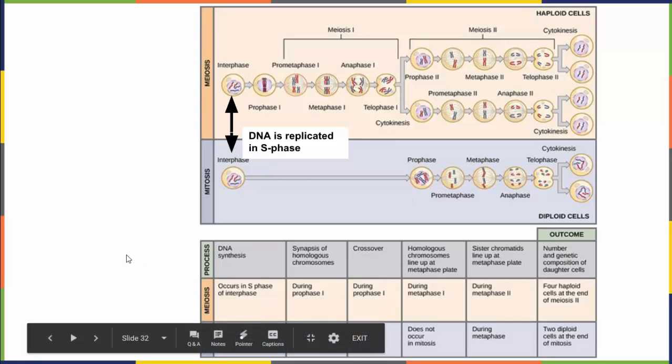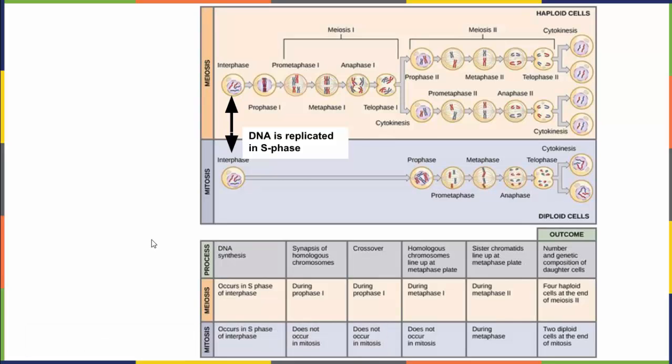Down here, this chart is pointing out some of the important processes and when they occur. So we have the first one here, DNA synthesis, and if we look downward, that occurs in S phase for both meiosis and mitosis. Next process, synapsis of homologous chromosomes.